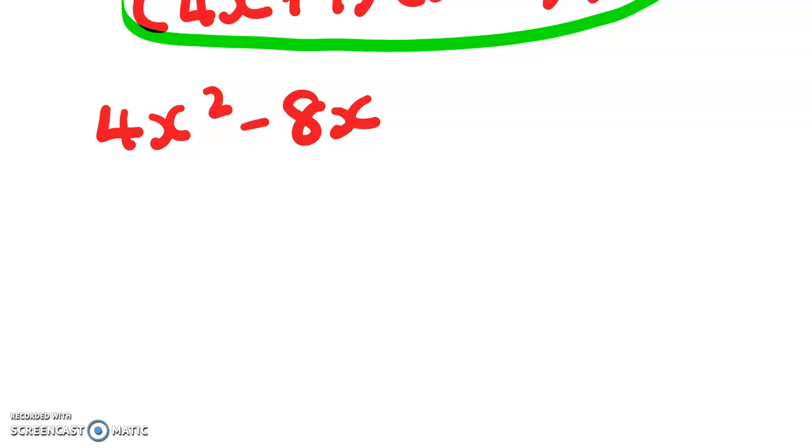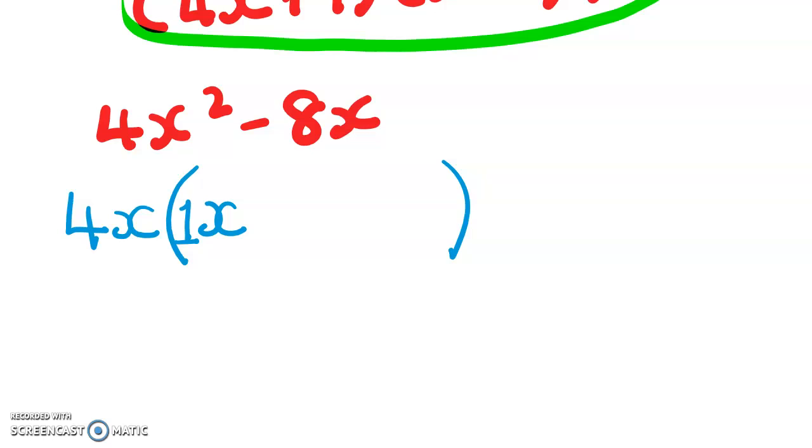How about I take out what's in common to both terms? So I've got 4x, I'm going to take out the 4 and I'm going to take out the x, because that's the highest term in common to both. I open up a bracket. What's left inside for the first term is x, because 4 into 4 goes once, and you've taken out one of the x's, so there's only a little one left inside.